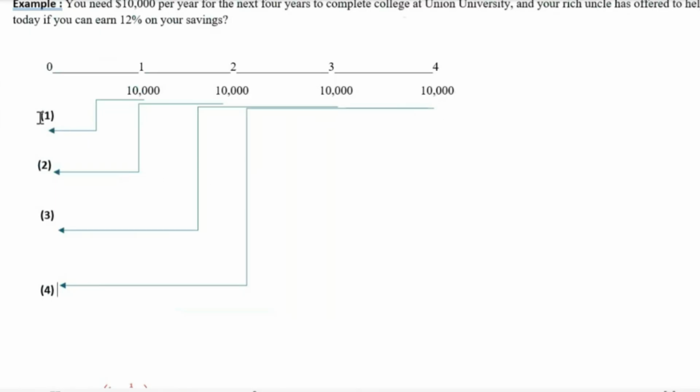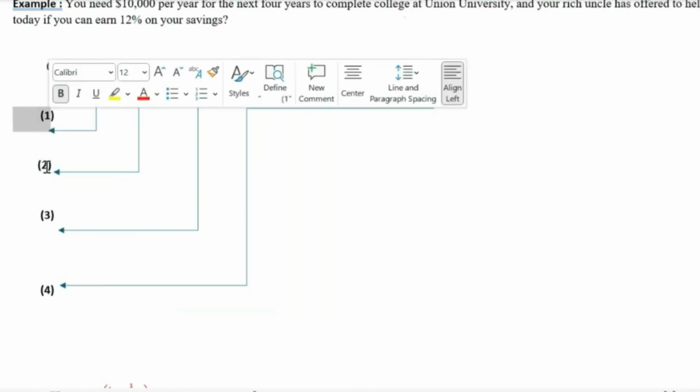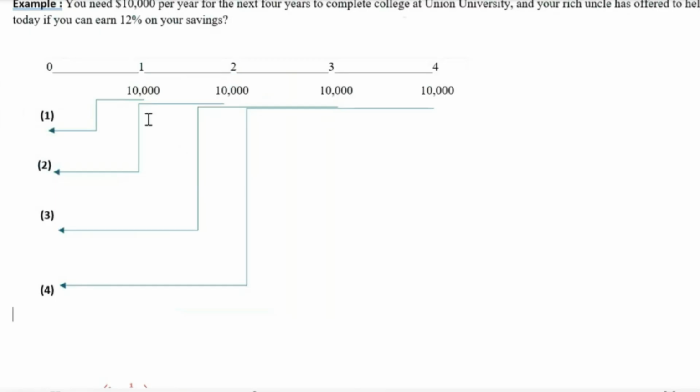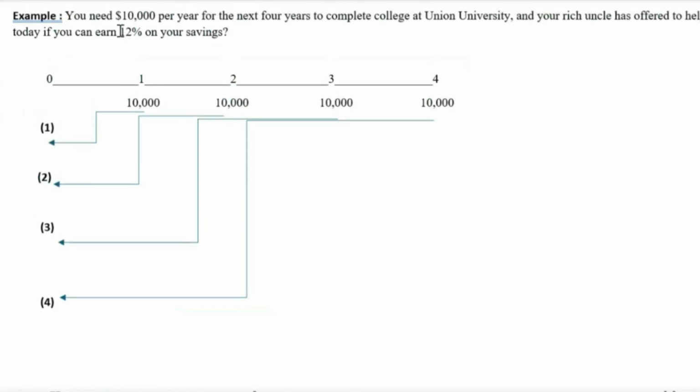So let's figure out how much the first check, second check, third check are. This is actually the present value of each of these single cash flows, right? Assume you can earn 12%. So what is the amount of the first check?